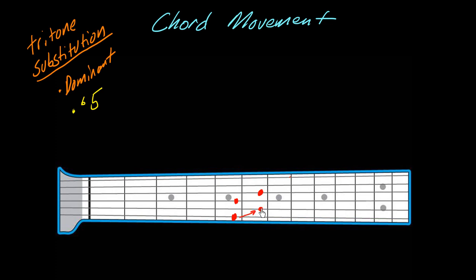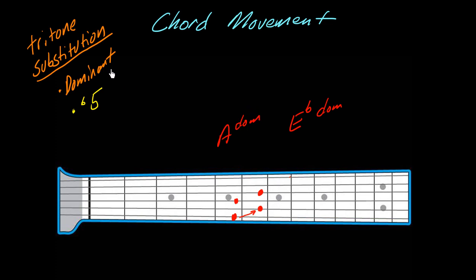Remember, tritone is there. So these two notes would share the same two notes between an A dominant, or you can call it a D sharp or an E flat, E flat dominant. That's why you can substitute these two, because they use these two common notes.